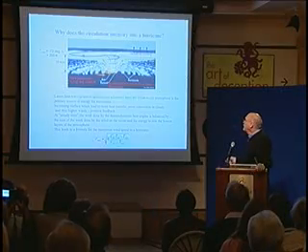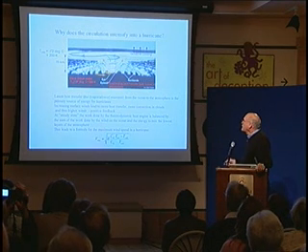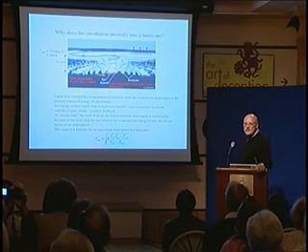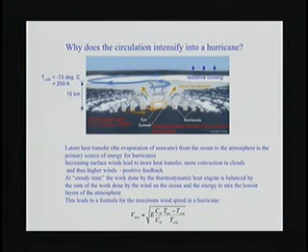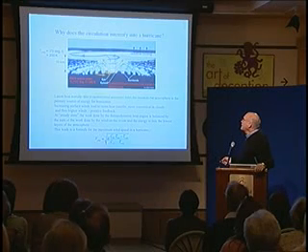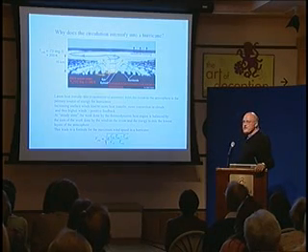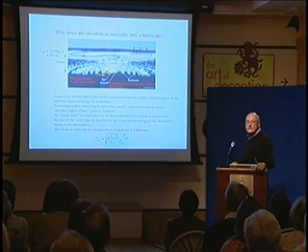And typically, temperatures of the ocean greater than about 27 degrees centigrade, or around 80 degrees Fahrenheit, or 300 degrees Kelvin. And the top of the atmosphere, or the top of the troposphere, which is where all the weather is, at around minus 73 degrees centigrade, or around 200 degrees Kelvin.